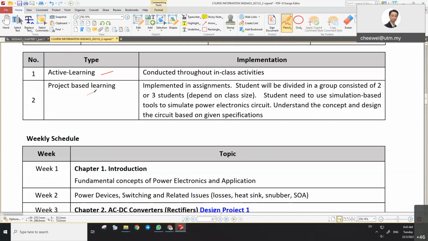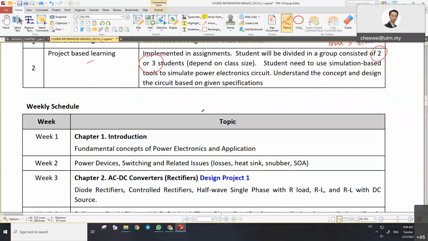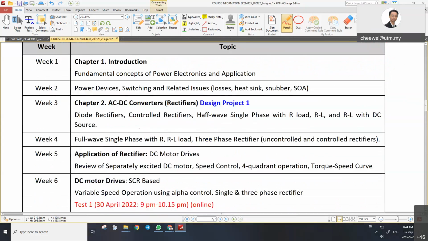Project-based learning is for your assignment. It's given here in the instruction: students will be divided into groups of 2 or 3 students. So maximum 3 students in a group. You can form your groups from today to do the assignment. The assignment will be given later, but you can form your group first.